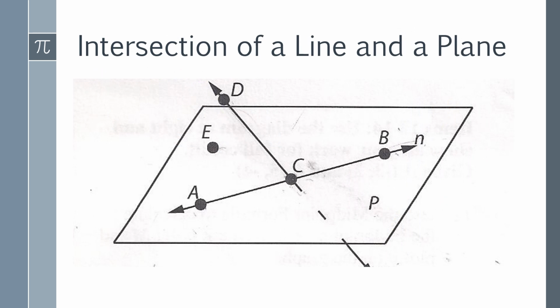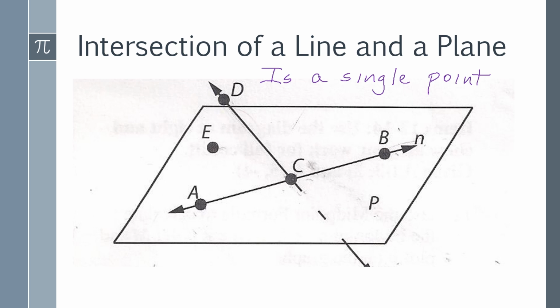All right. Intersection of a line and a plane. If you think about a line going through a plane, the intersection of a line and a plane is a single point. You think about a pipe that goes into a wall.